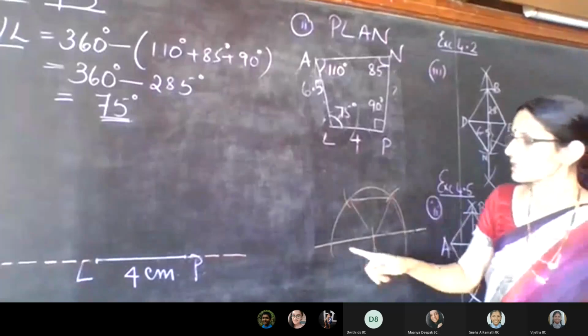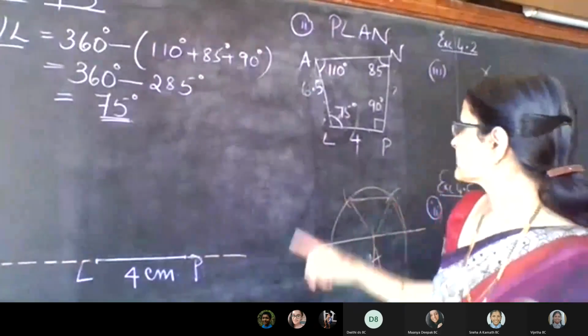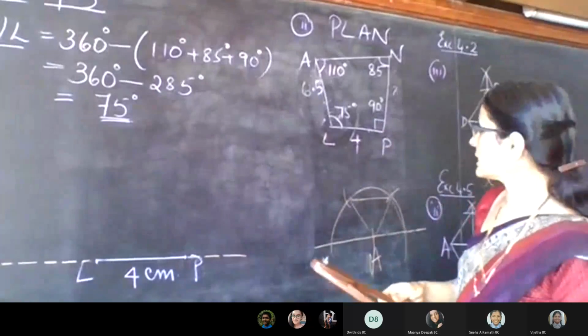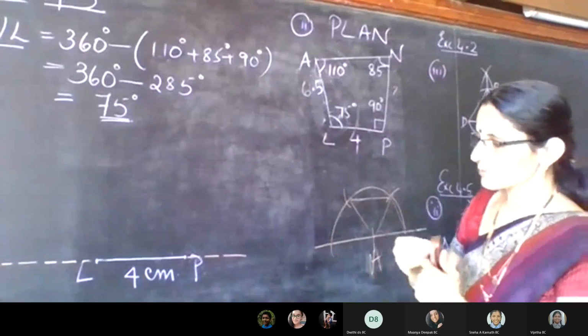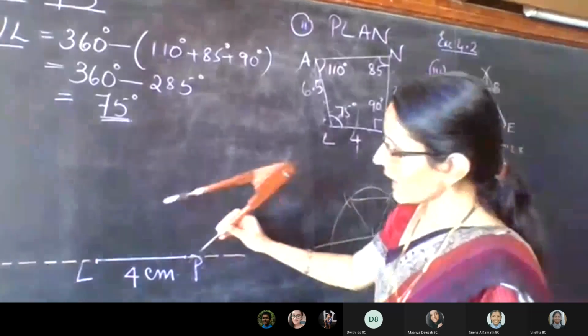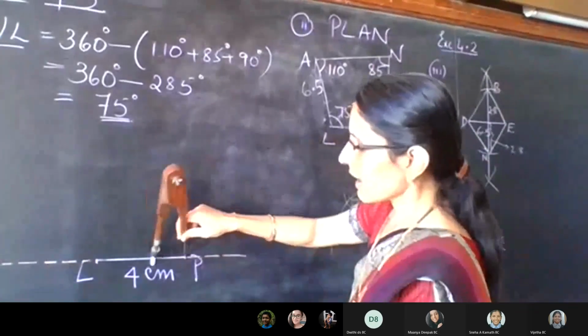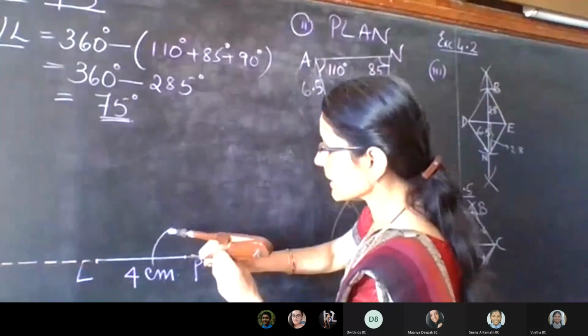So what I am doing is, I am constructing 90 degree here, at P. At P, any comfortable radius, I am drawing one semicircle.